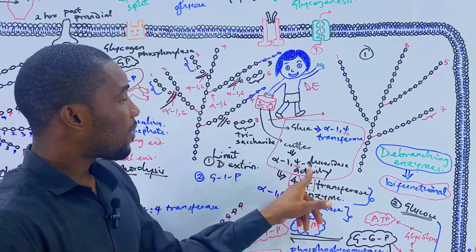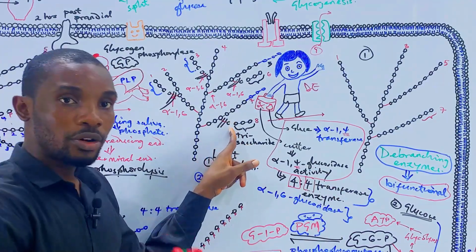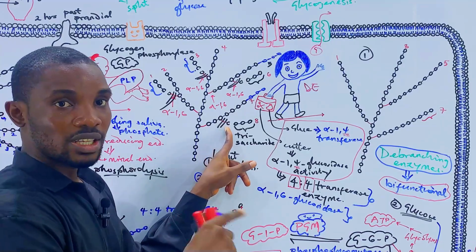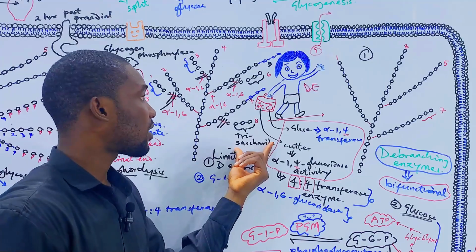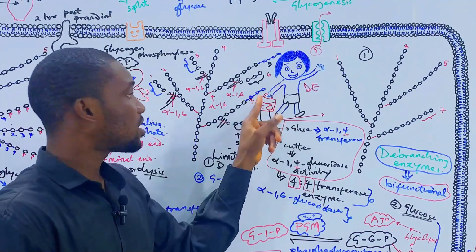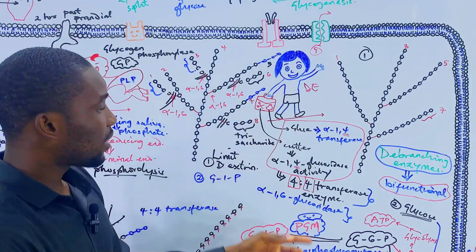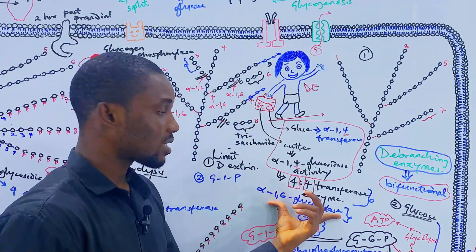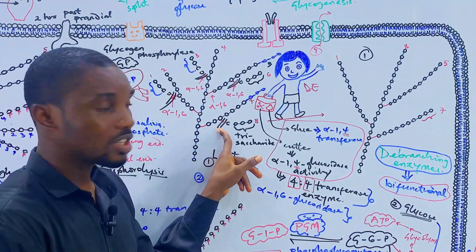So the alpha 1,4 glucosidase activity is used to break off the bond between the first and second glucose from the branch points, right? And then transferring the trisaccharide to the adjacent chain so that the baby GP can continue its activity, right? And then the alpha 1,6 glucosidase activity helps in breaking this alpha 1,6 glycosidic bond, right?